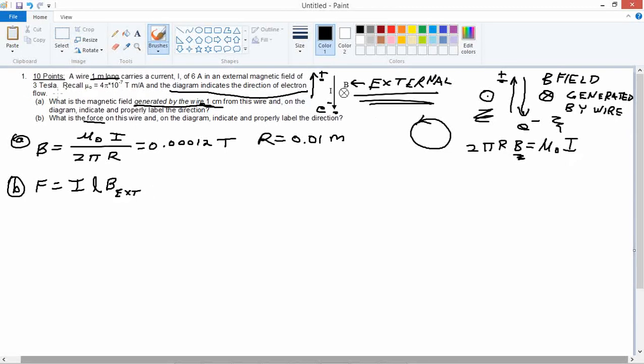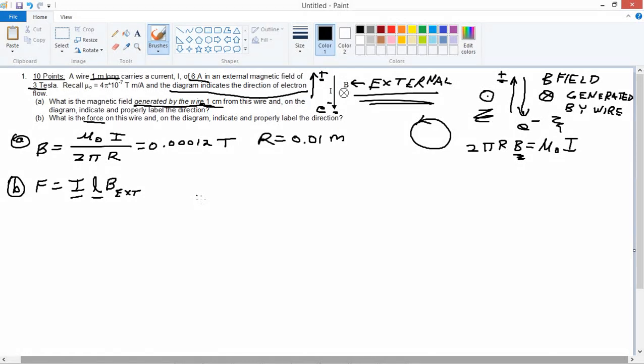That is the 3 teslas here, 1 meter here, and the current going through the wire. The force will be determined by the current going through the wire. Force, we need to think. Remember, this time you point your thumb in the direction of the positive current flow, so your thumb is pointing up.